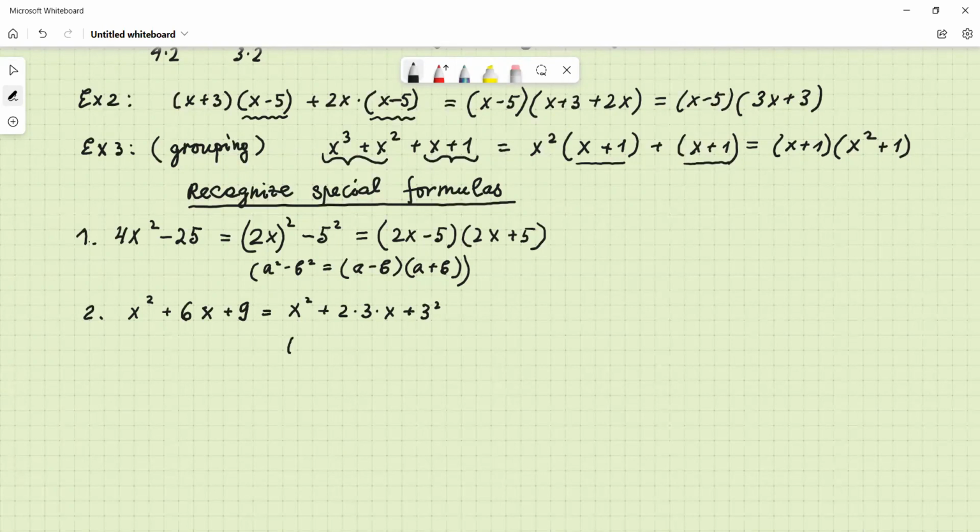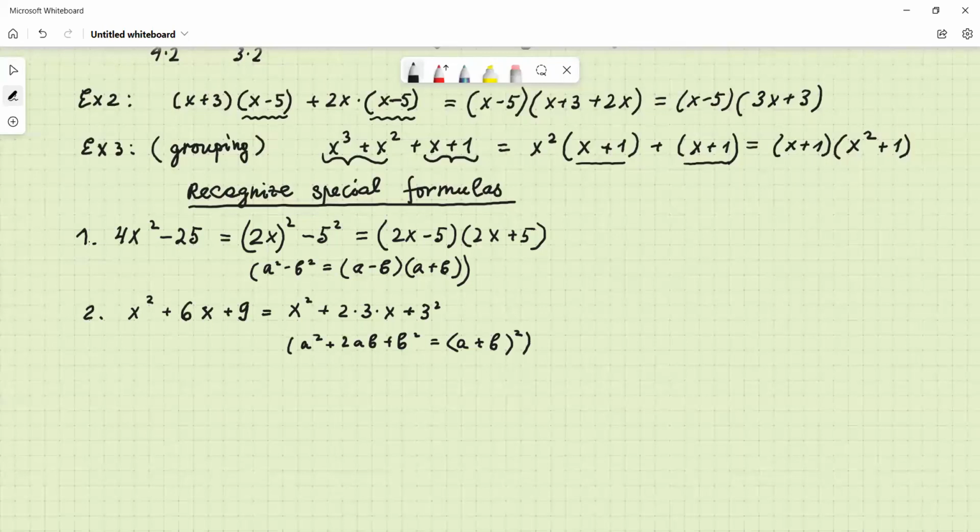If you recall the formula, a squared plus 2ab plus b squared equals (a plus b) squared, you're going to see that if you understand what a and b are here, and if they fit into this formula, you can represent your trinomial as a square of a binomial.